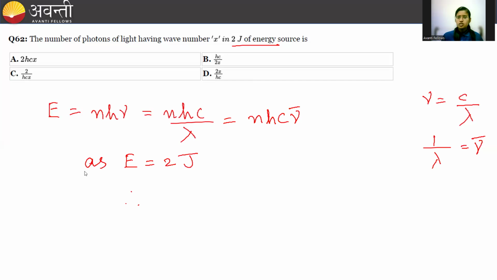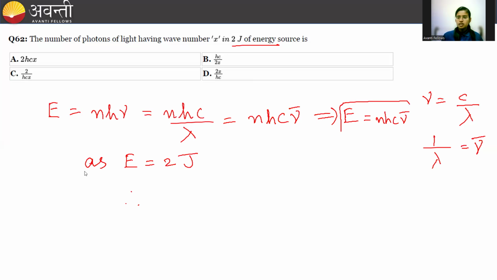From this equation, we got E is equal to N h c into nu bar.